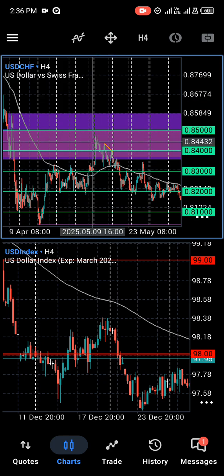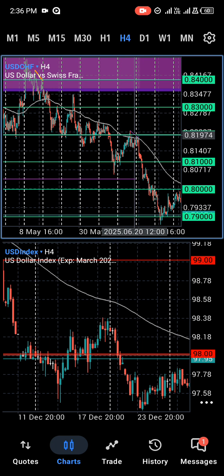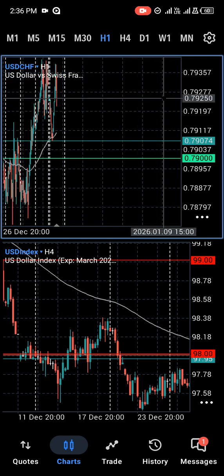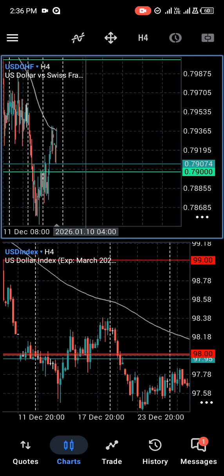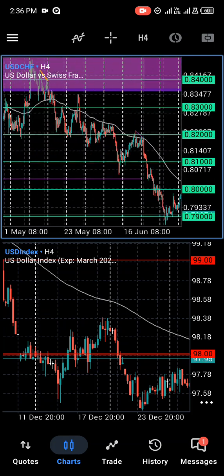You can see that the market is breaking structure to the downside, lower lows, lower highs, lower lows, lower lows, lower highs, lower lows, lower high there. Sorry about that, it's the 4-hour here.